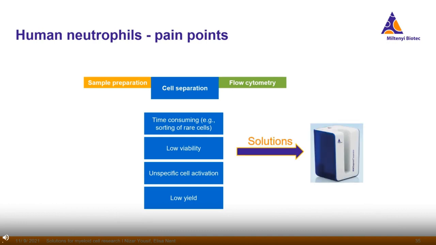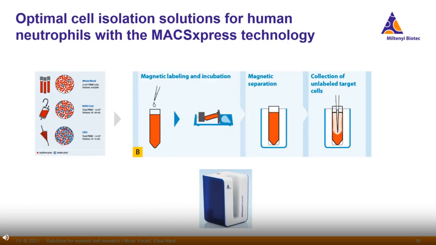Well, let's have a look together at our MaxExpress technology. Human neutrophils are usually obtained by density gradient centrifugation. However, this method is exceedingly time-consuming and frequently results in neutrophil populations that are contaminated by other leukocytes, mainly eosinophils. With the MaxExpress technology, untouched human neutrophils can be isolated from whole blood within 20 minutes.